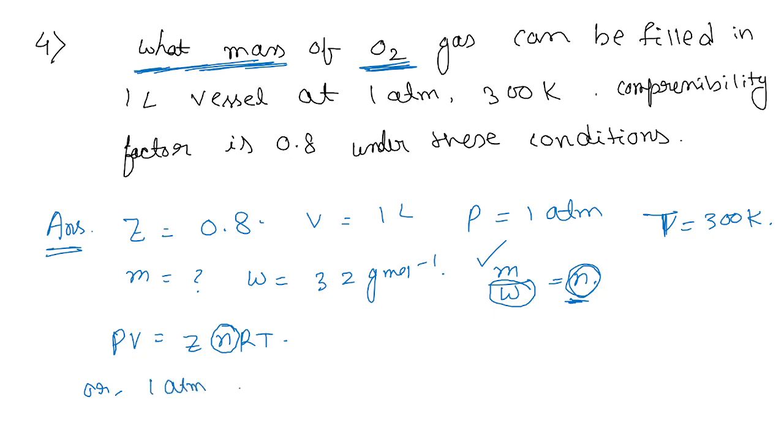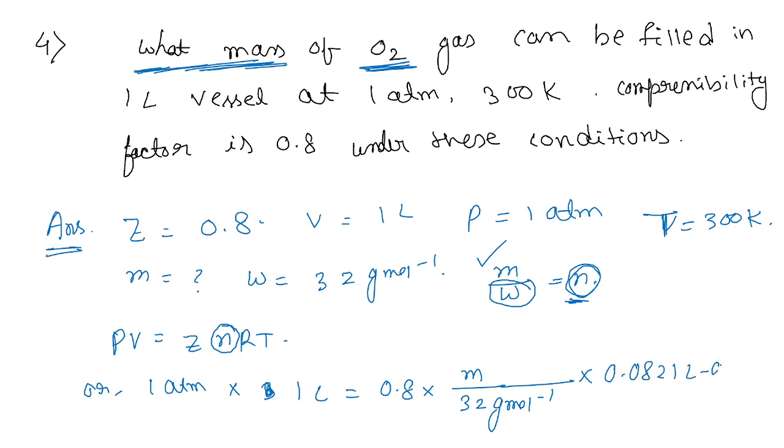Pressure is 1 atm. Volume, they told, is 1 liter. Z value 0.8, n value, M by W. W means 32, oxygen gas, that's why it's 32 gram mole inverse. RT, liter atm, so you put the value 0.0821 liter atm mole inverse Kelvin inverse.